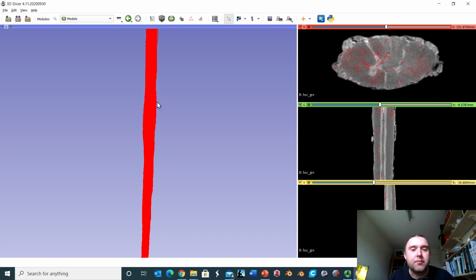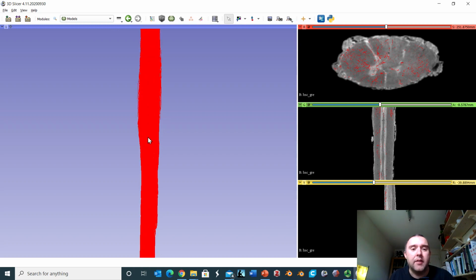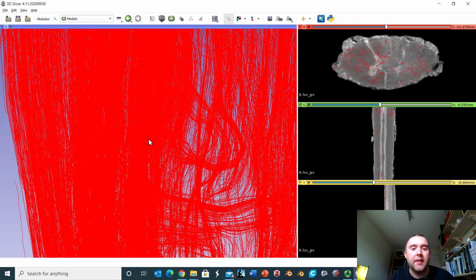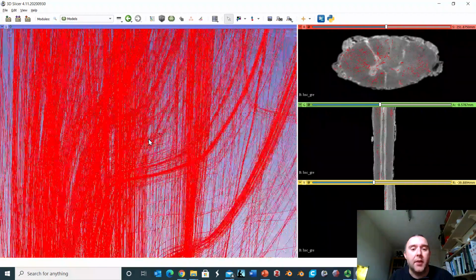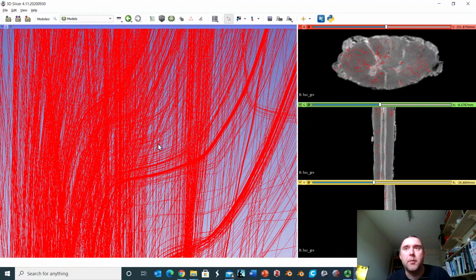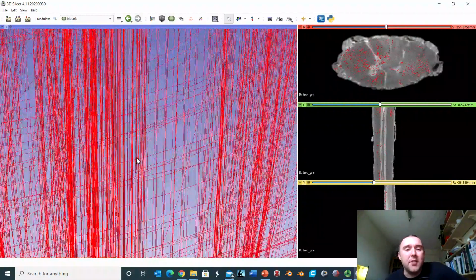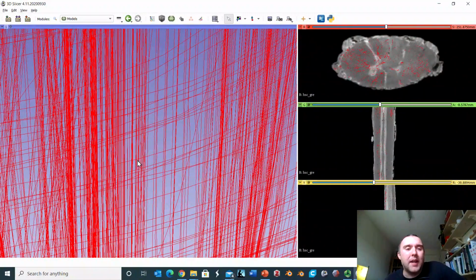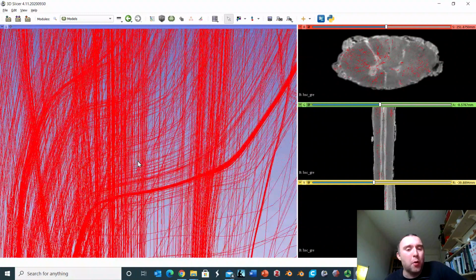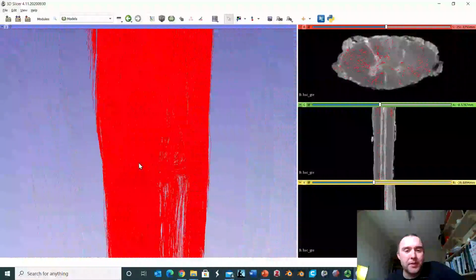So here, this looks like a solid block of red, doesn't it? But actually, if I zoom in, you can appreciate that it's made up of thousands of filaments, and really this is only a small sample of the axons within the cord. This is not all of them by a long shot. All right.